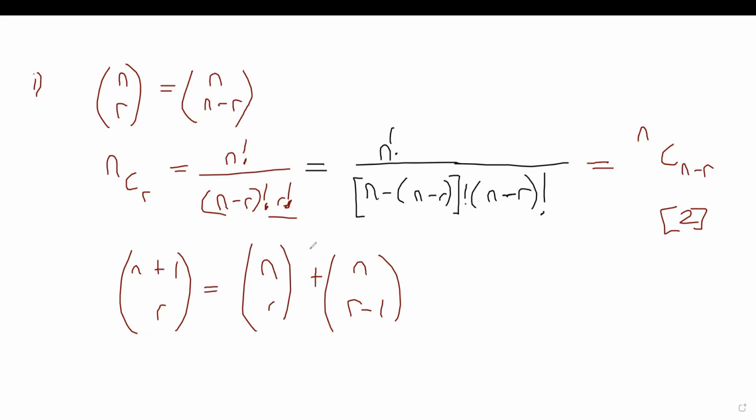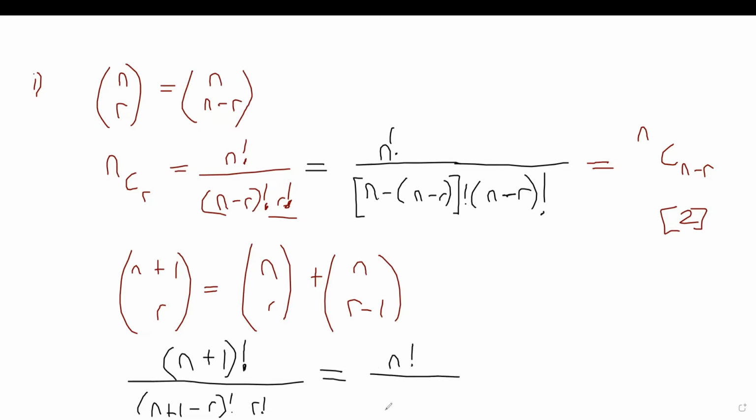This left-hand side over here, what we really want to prove is that n plus 1 factorial over n plus 1 minus r factorial times r factorial is going to be equal to n choose r, which is n factorial over n minus r factorial times r factorial, plus n factorial over (n minus (r minus 1)) factorial times r minus 1 factorial. So this is what we want to prove.